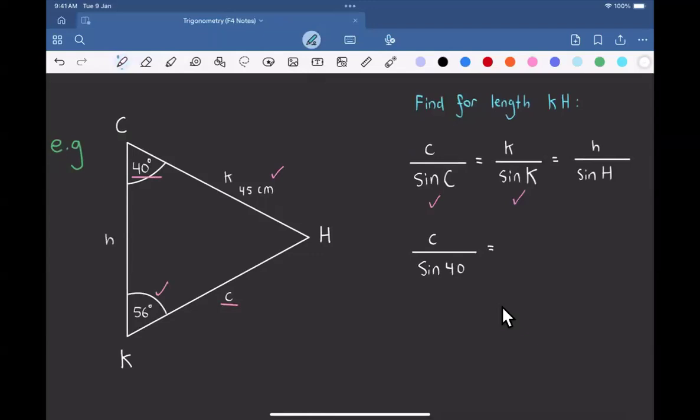Little k over sine 56. And do we know the length of k? Yes, that's going to be 45 over sine 56. So 45 over sine 56. That is good.